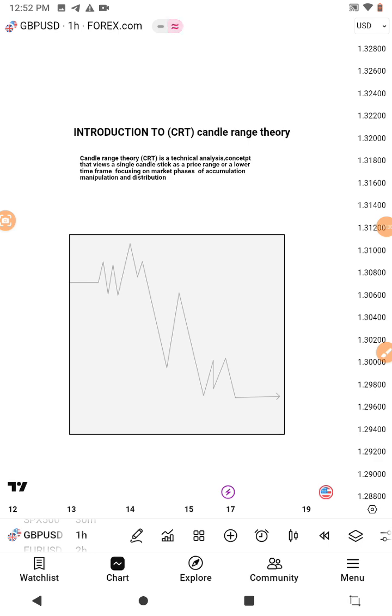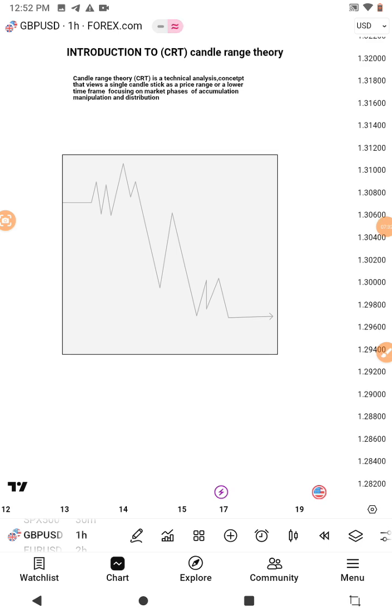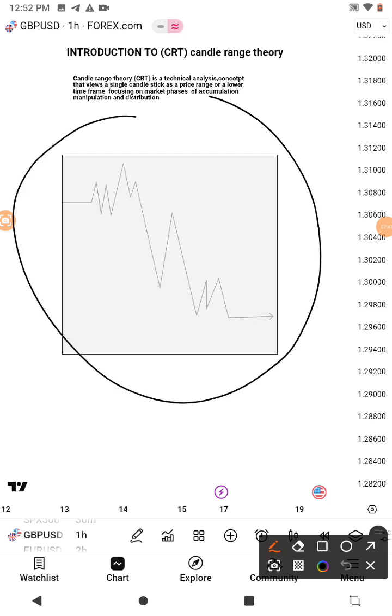CRT involves candle or candles. First of all, we are talking about the candle anatomy, which is the daily candle.